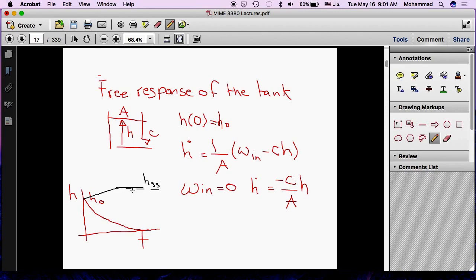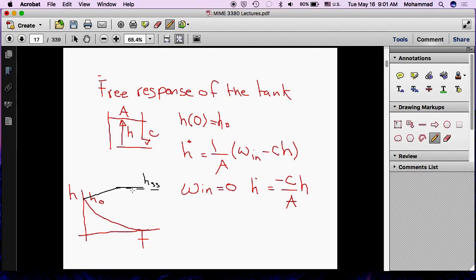Now, again, it's not linear. It's an exponential change. But the most important lesson from this is that the time it takes for the system to go through its transient portion of the response is always constant. It is always the same for the same system. It doesn't matter if the response was free or forced.